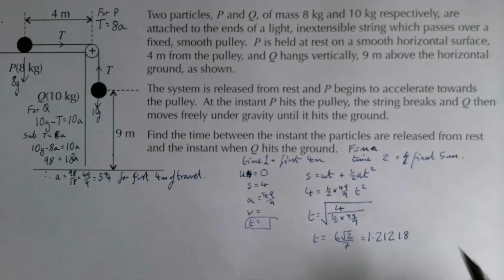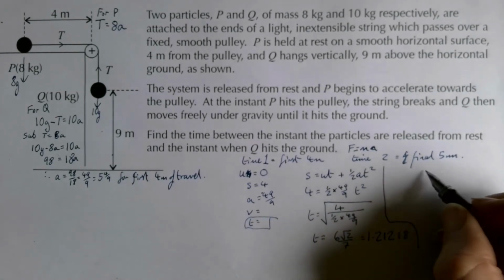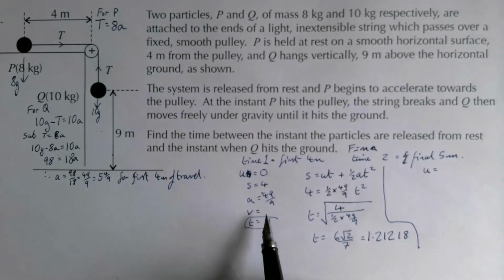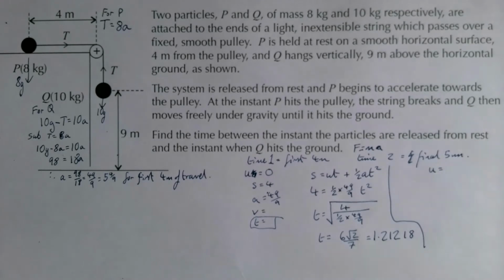Now for time 2, we have got our initial velocity. Oh, it's going to be our final velocity from here. We're going to need that because then we can do the same thing again. So let's work out our final velocity from time 1 next.